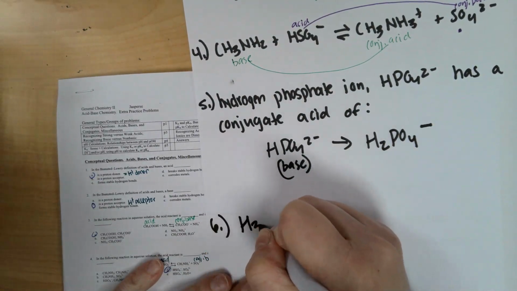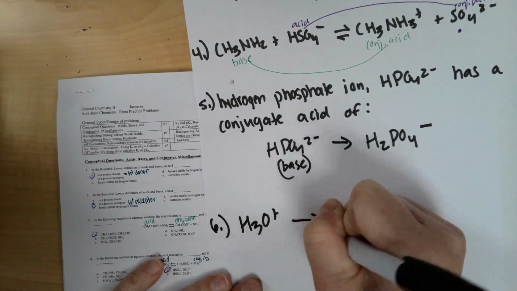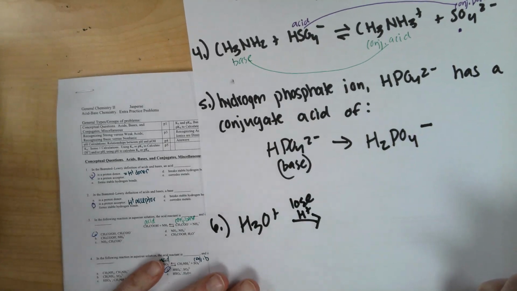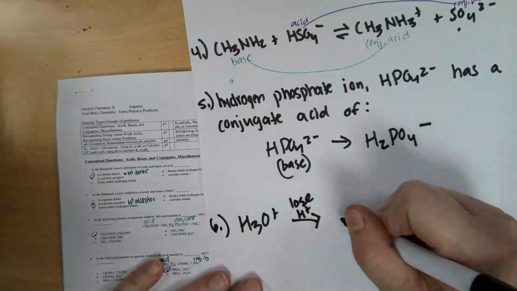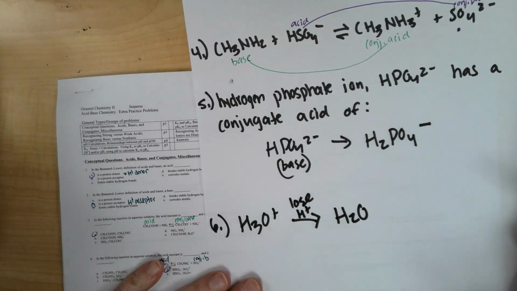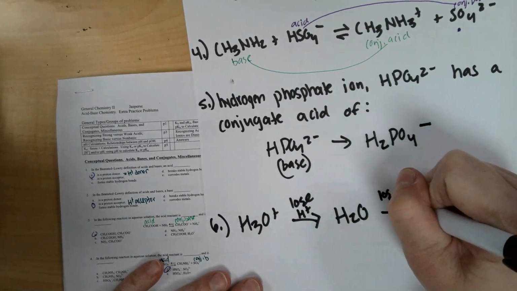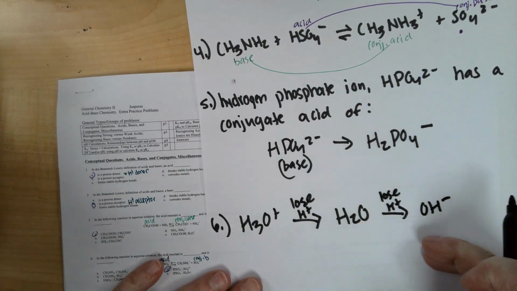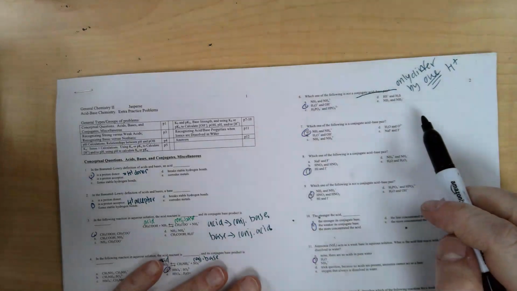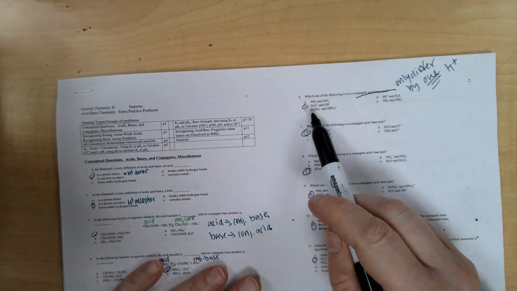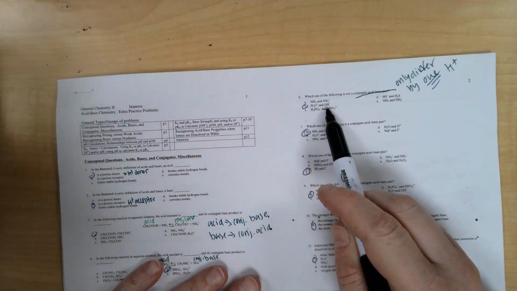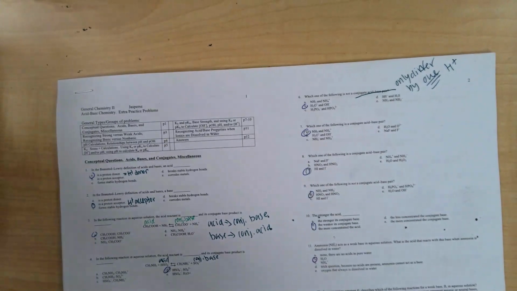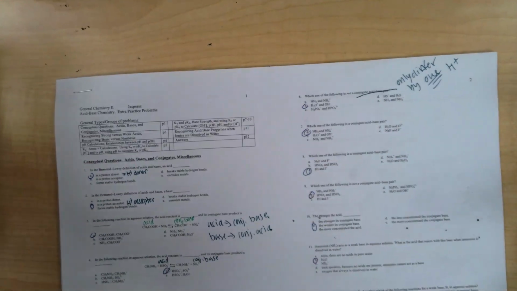If H3O plus were to lose 1 H plus, which by definition it would have to in order to be considered a conjugate acid base pair, it would turn into neutral water. Then that can lose another H plus to become the hydroxide ion. But this requires a 2-step deprotonation, and a conjugate acid base pair would only differ by 1. So B is the answer choice, because H3O plus, the hydronium ion, and the hydroxide ion differ by 2 H pluses, which disqualifies it from being a conjugate acid base pair under the Bronsted-Lowry acid base theory.